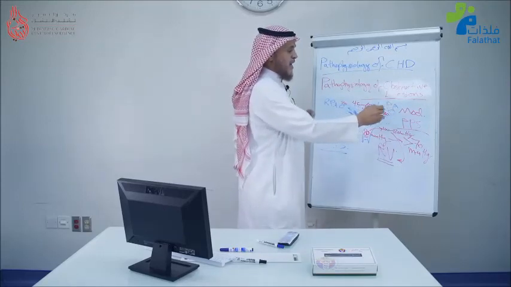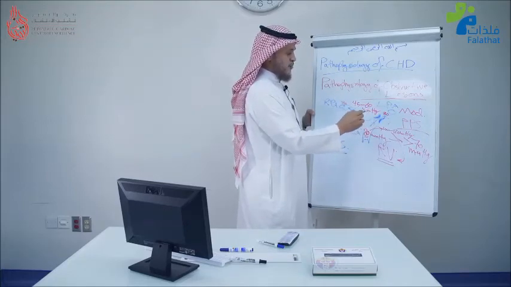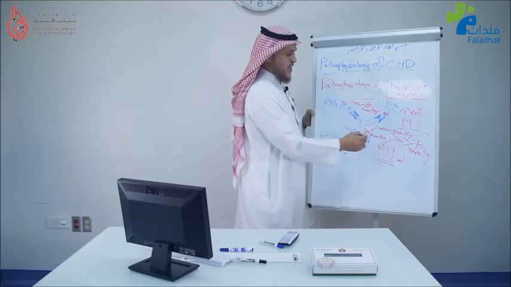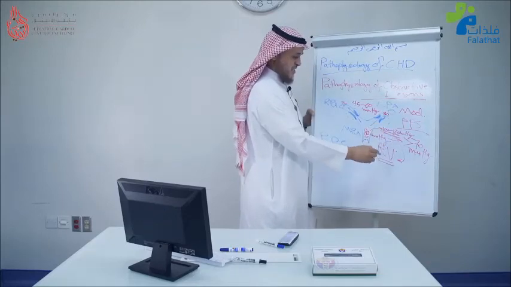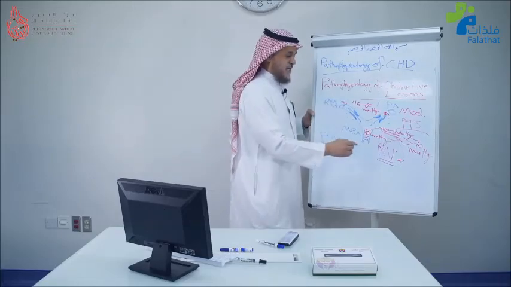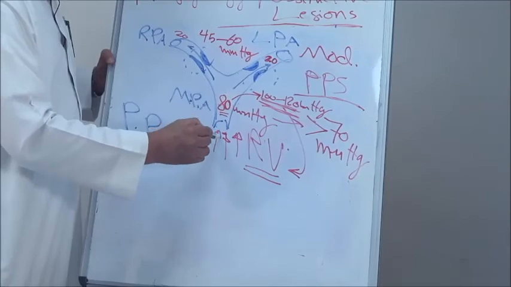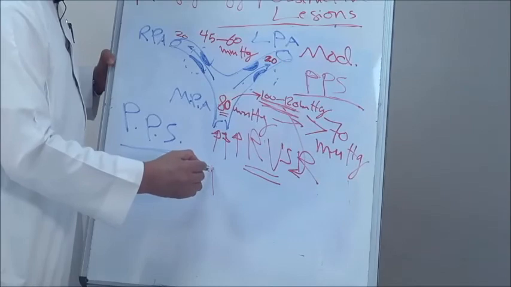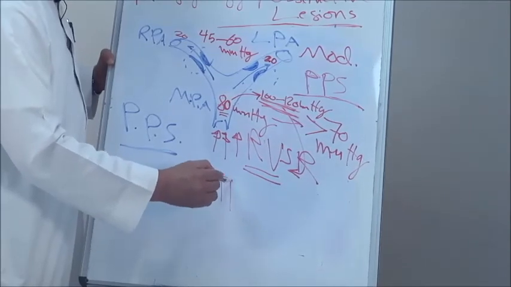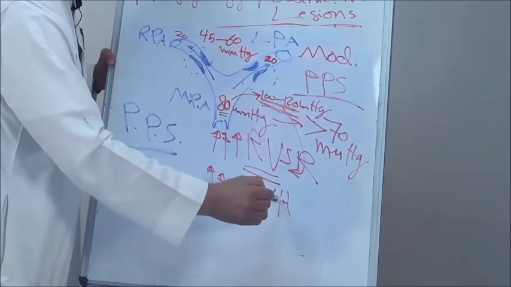When it is bilateral severe PPS, peripheral pulmonary stenosis, then the pulmonary artery pressure will be extremely high, in the range of 100, 120, and in that we will see very high right ventricular systolic pressure, significant right ventricular hypertrophy.